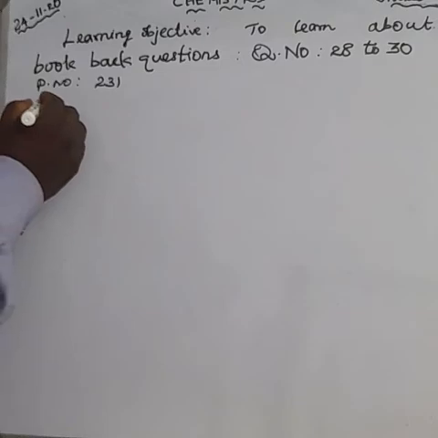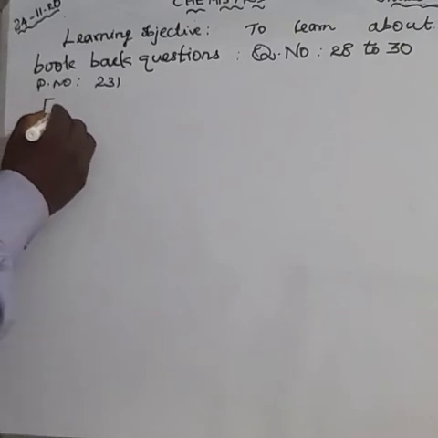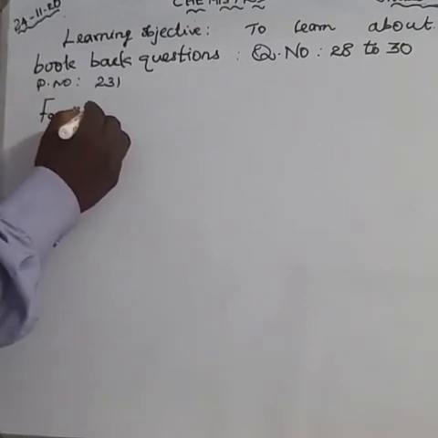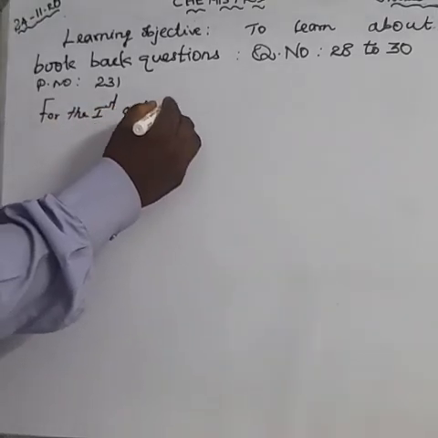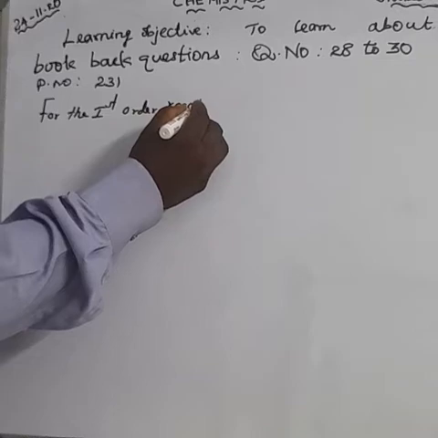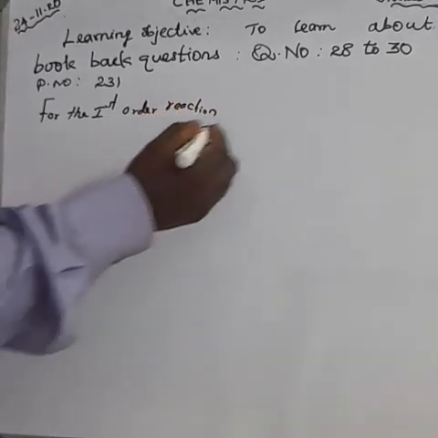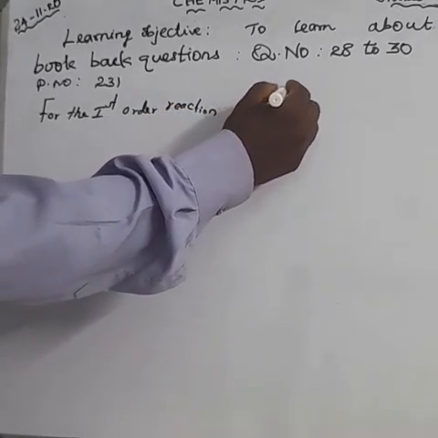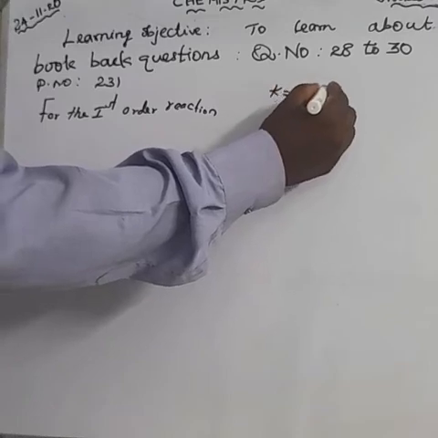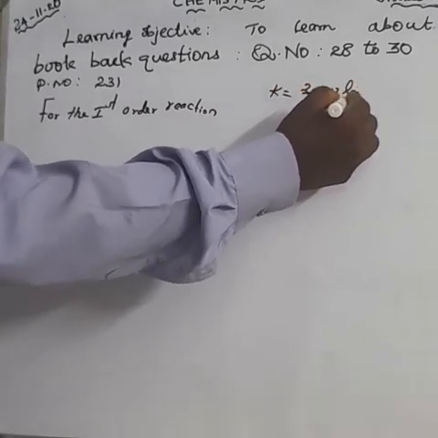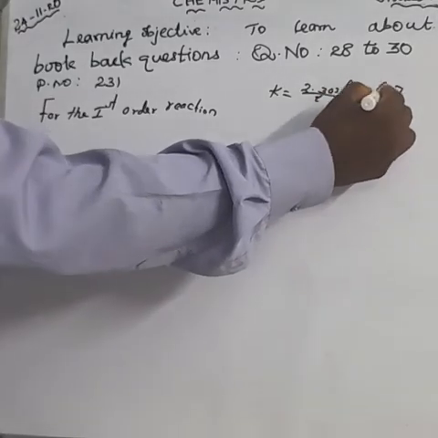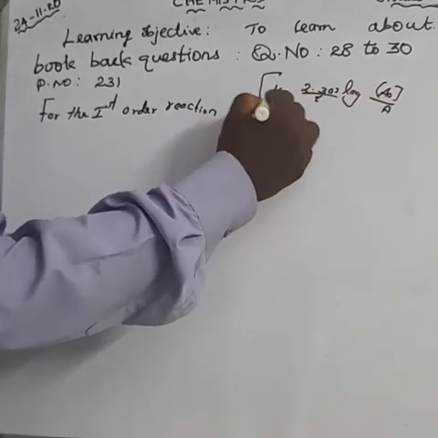For the first order reaction, the formula should be written. What is the formula? K is equal to 2.303 by t log A naught by A. This is the formula. Clear?